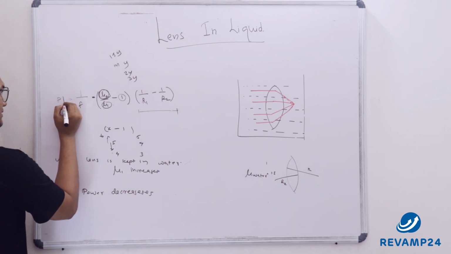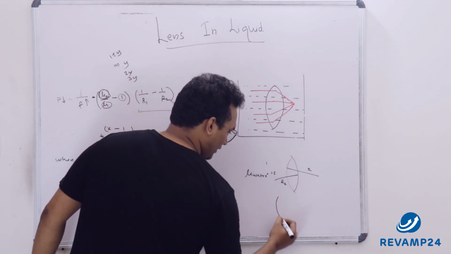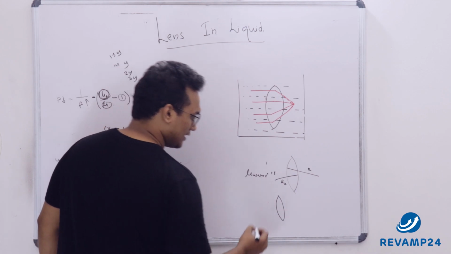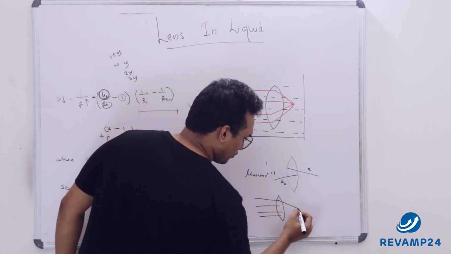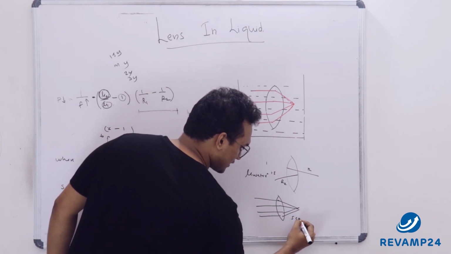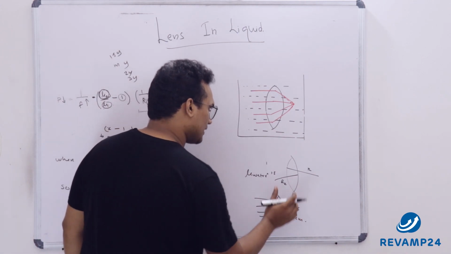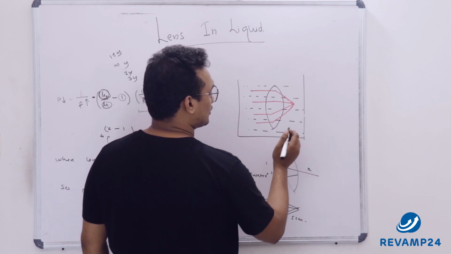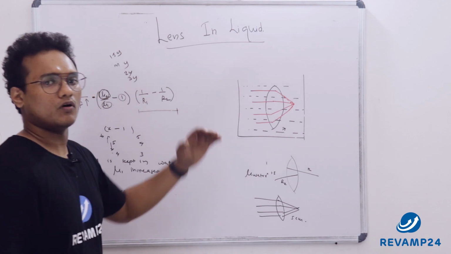Power decreases means, in this case, the focal length has increased, because power is equal to 1 by focal length. When a lens brings all the parallel rays to one point, that is the focus, if the focal length is 5 cm in air, then the same lens kept inside a liquid would have a focal length of 7 or above, or any value above 5.